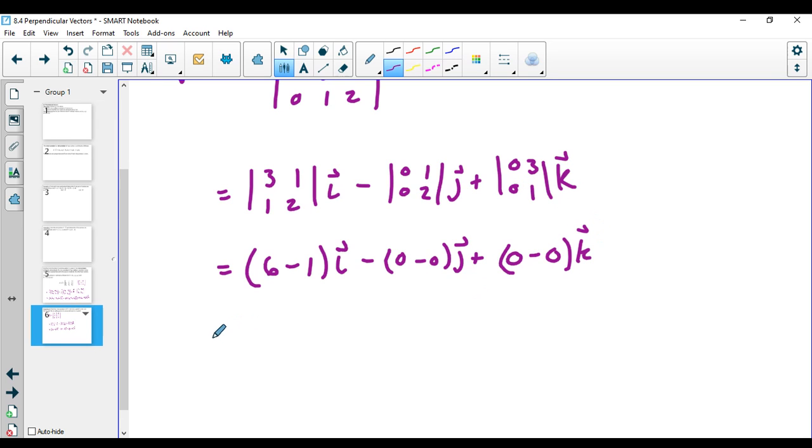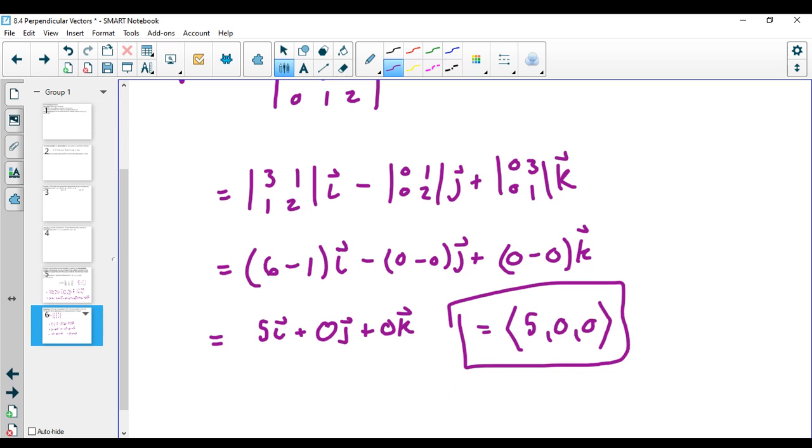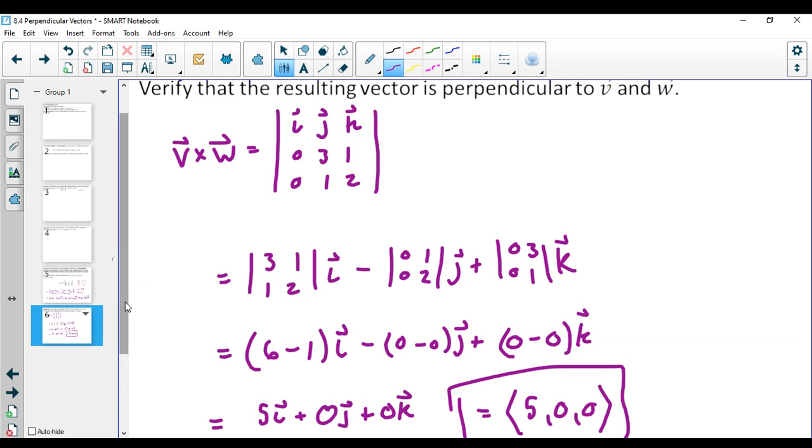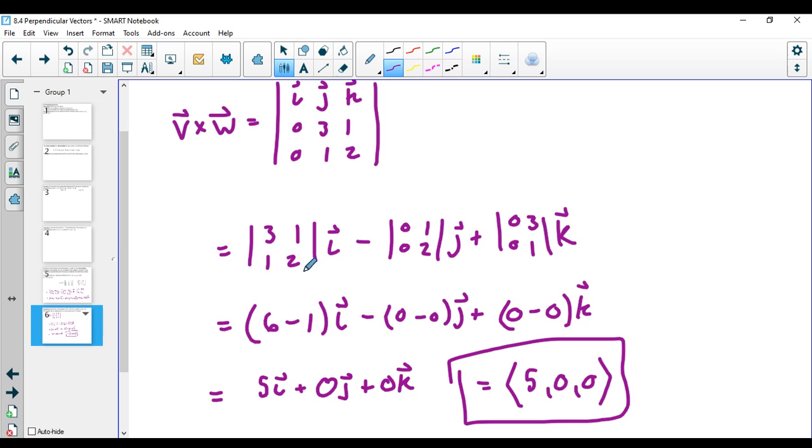So really all we get is 6 minus 1, which is 5i, plus 0j, which really just goes away, and then plus 0k. When we put that back into a vector, that's just 5, 0, 0. So when we take the cross product, we spit out another vector. The actual math of it isn't hard, but taking a determinant might feel a little wonky.